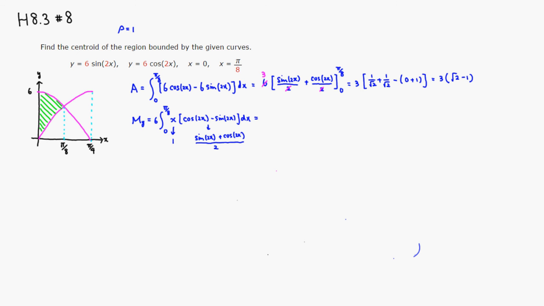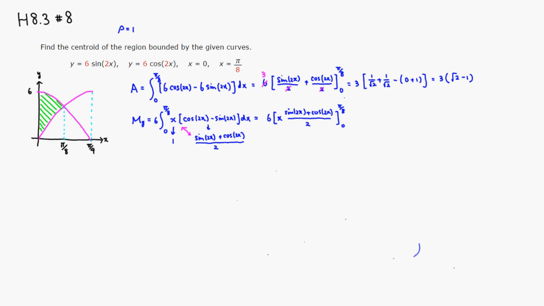So what you get, you multiply these together first. We still have 6, so 6 times x times sine of 2x plus cosine of 2x over 2, going from 0 to pi over 8.